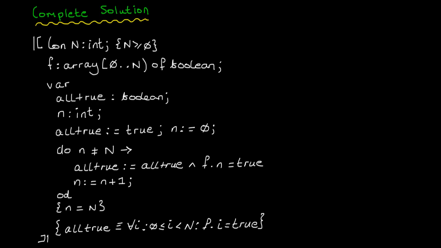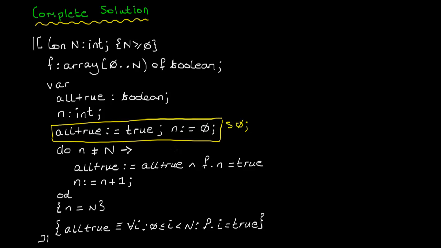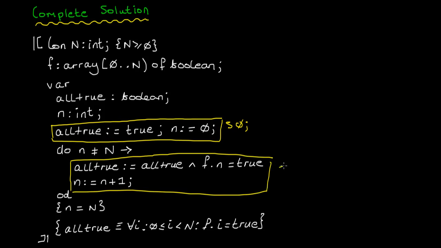So really this bit is what we derived, so we call that S0, and of course the loop body, we also derived that, and we call that S1.